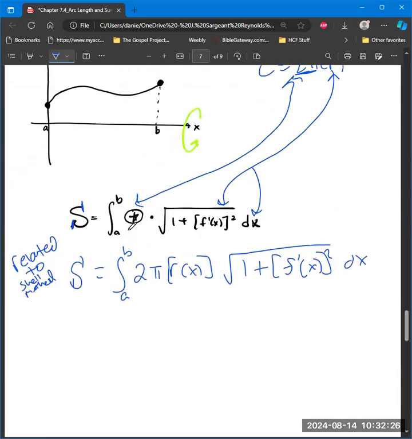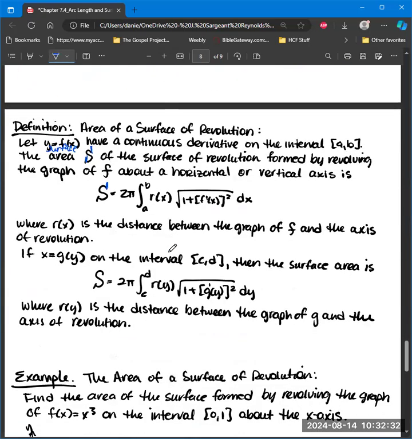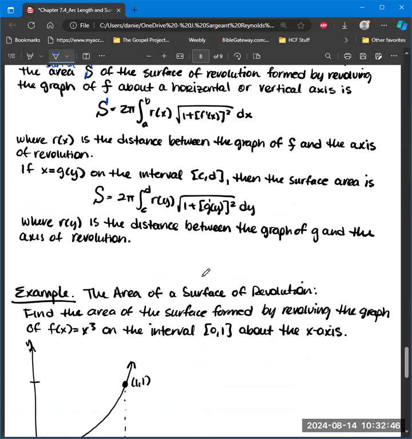So really this r of x is trapped in there, but the 2 pi comes outside like we just saw in the formula. So r of x square root of 1 plus f prime of x squared dx, where r of x is the distance between the graph f and the axis of revolution.